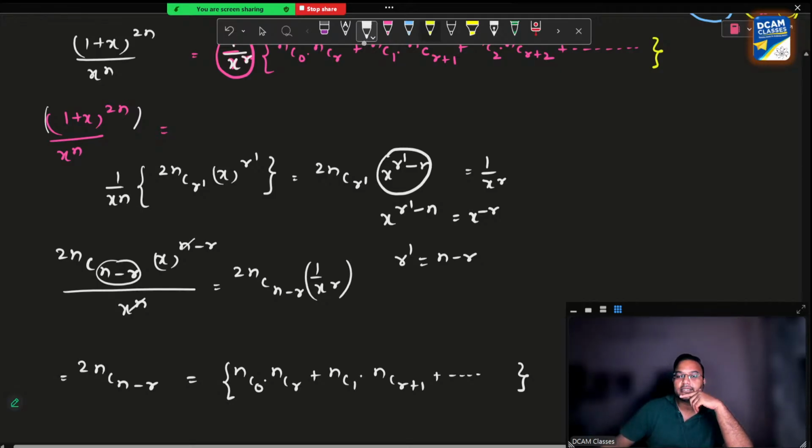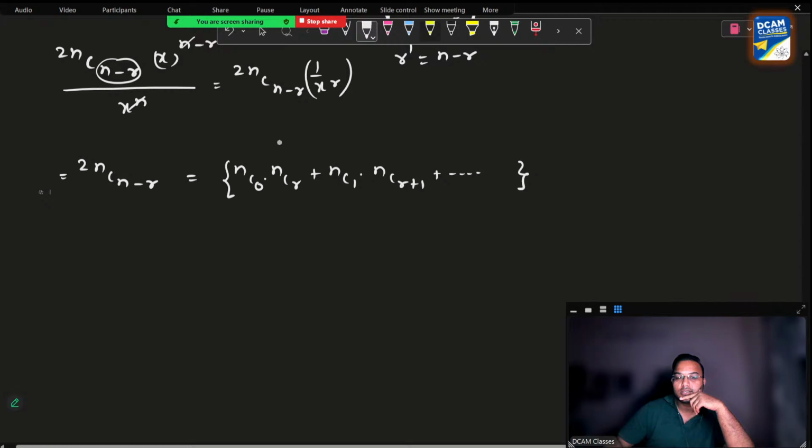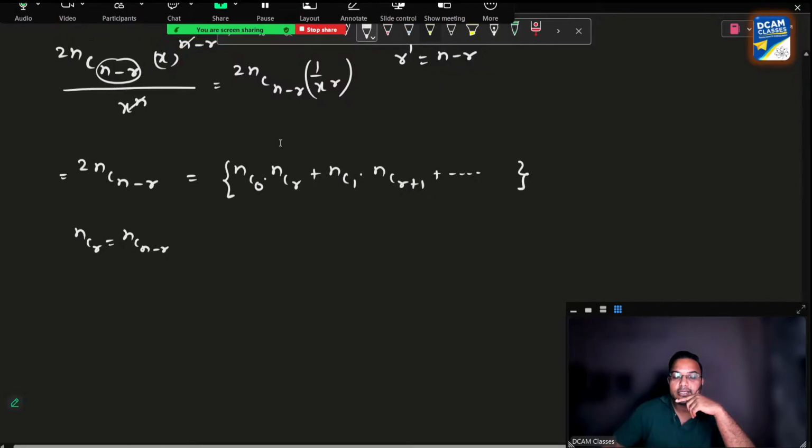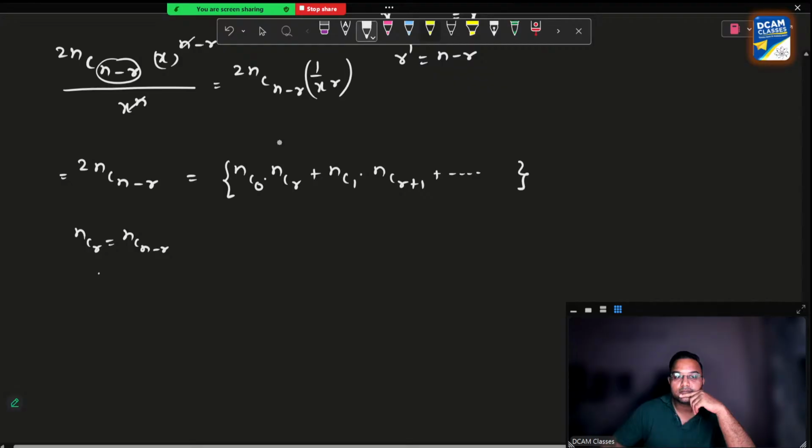Or you can write this as 2nCn+r also, because we know nCr is equal to nCn-r, no? So I can write 2nCn-r is also equal to 2nC(2n - (n - r)). So I can write like this also, 2nCn+r.